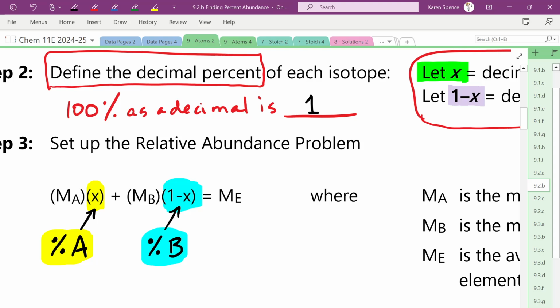And you add those together, then you will get the mass of the element. Okay, this is the average atomic mass.